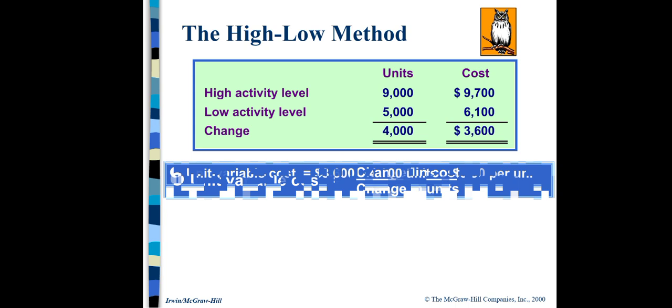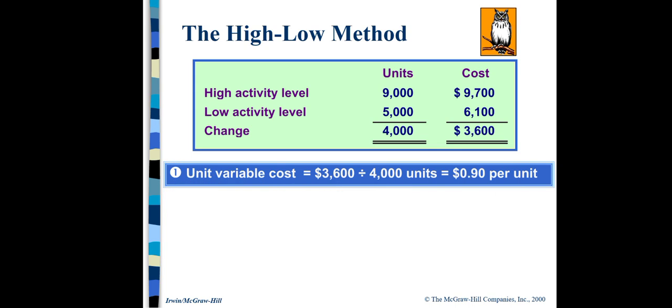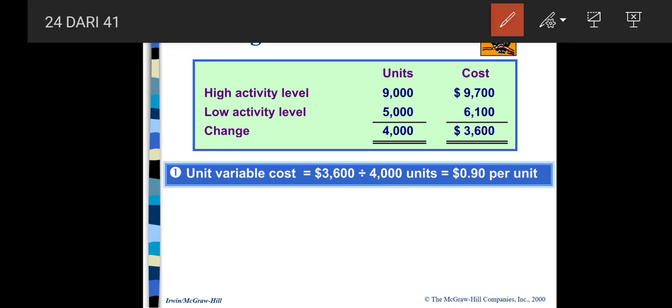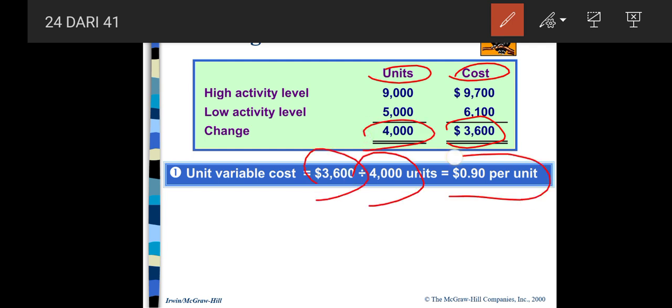Nah, jadi kita lihat di sini selisih biayanya adalah 3.600, change in cost, and divided by change in units, ini 4.000. Nah, so we know that the variable cost per unit is 0.90 dolar ya, 0.90 dollars per unit.